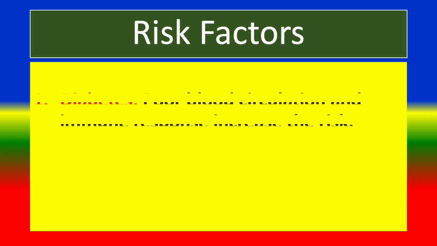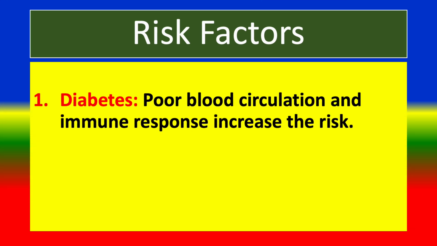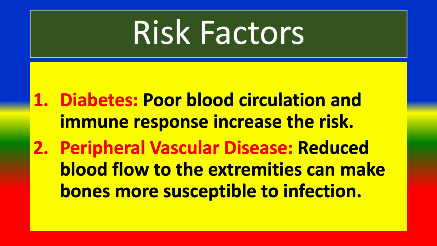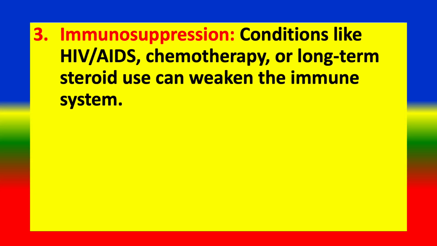Risk factors. 1. Diabetes. Poor blood circulation and immune response increase the risk. 2. Peripheral vascular disease. Reduced blood flow to the extremities can make bone more susceptible to infection. 3. Immunosuppression.